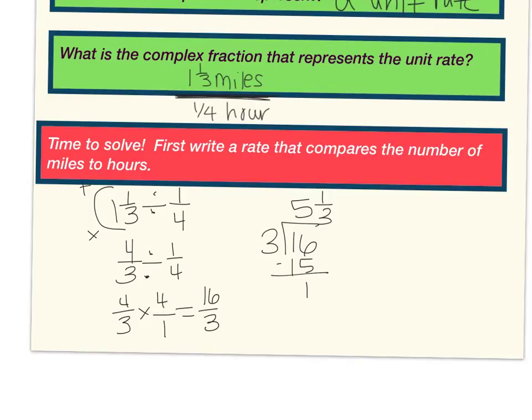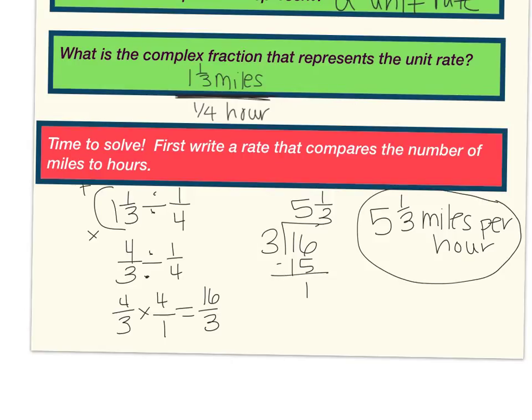Now again, because we're working on a unit rate here, it's really important that we include our labels. So this means that Josiah can jog 5 1/3 miles per hour. In other words, in 1 hour, Josiah can jog 5 1/3 miles. That would be our final answer.